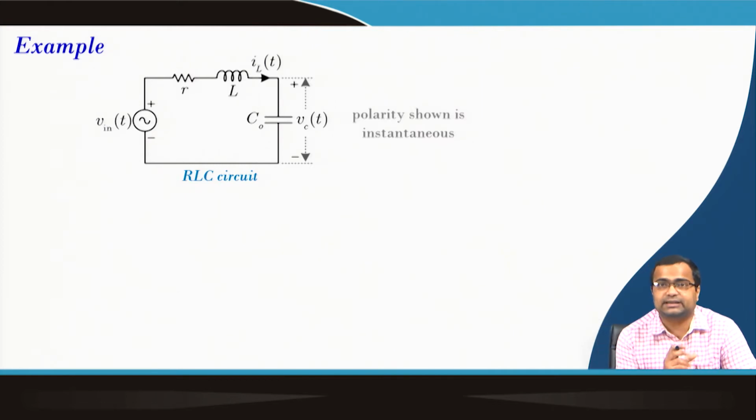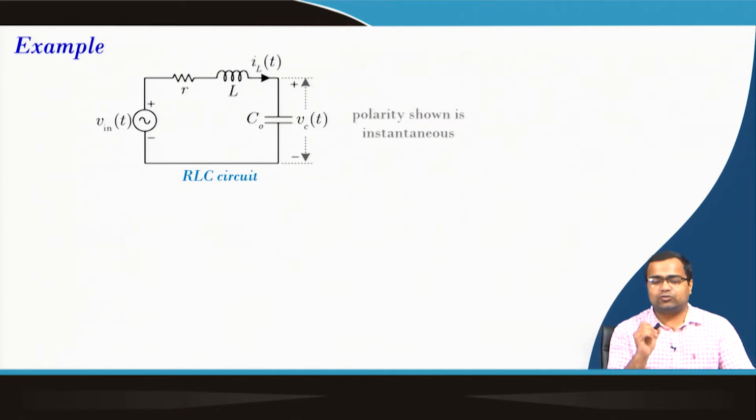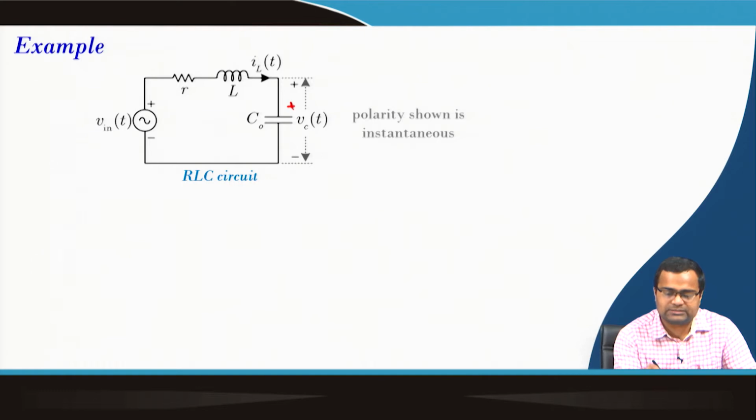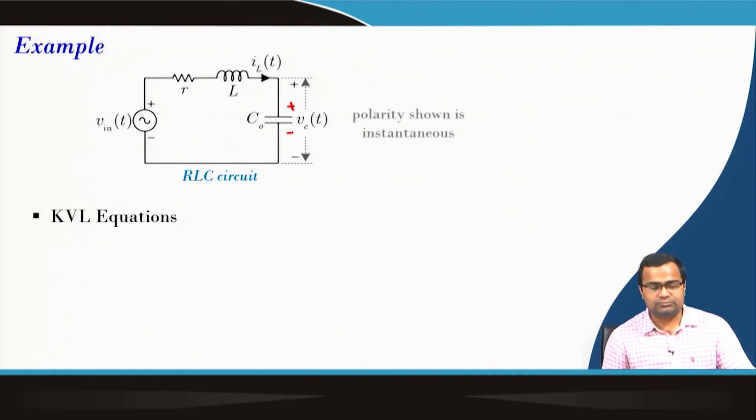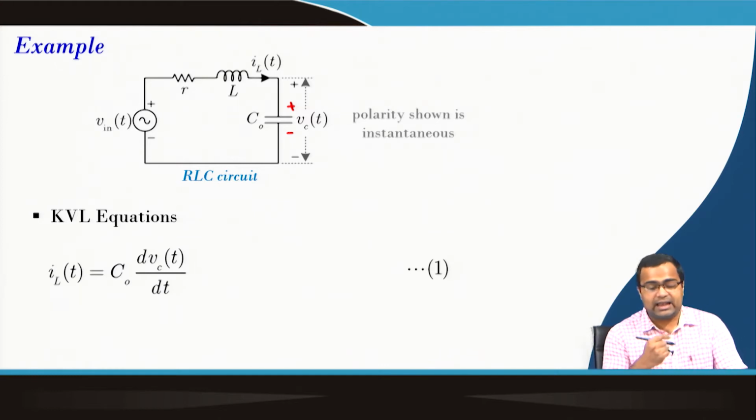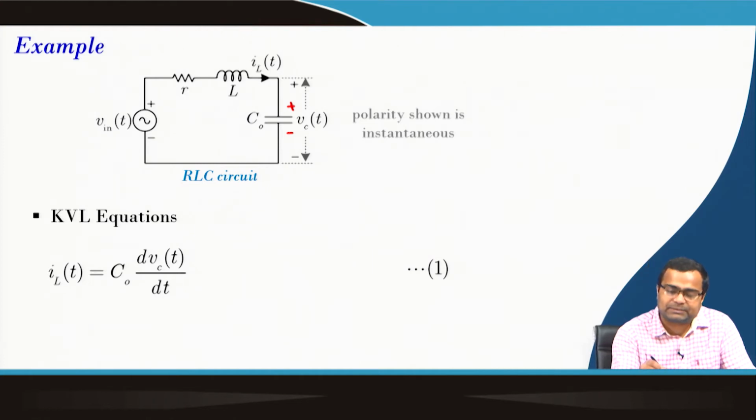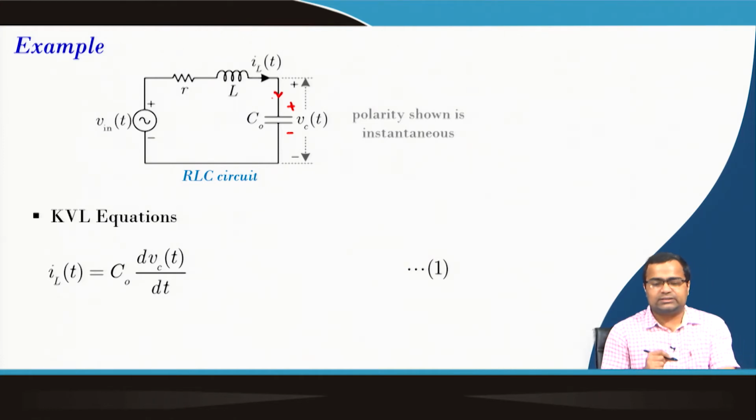If we take a series RLC circuit, we are considering here the inductor current to be one state and the capacitor voltage to be another state, and we have taken the polarity of this voltage accordingly. Now, if we write the equations, the inductor current is passing through this capacitor, which is C into dVc dt. This is one equation.